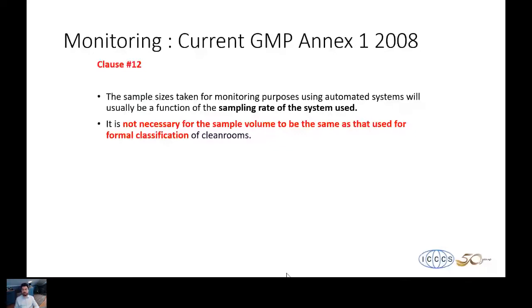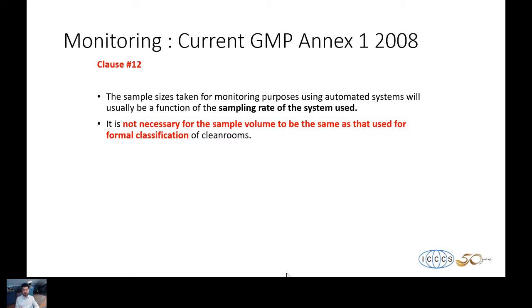So most people consider collecting 1 cubic meter of air with a 1 CFM particle counter, which takes 36 minutes. During these 36 minutes, they wait until they count this data and then initiate their alarm systems, or they use a moving window of these 36 minutes. That's not a good practice.